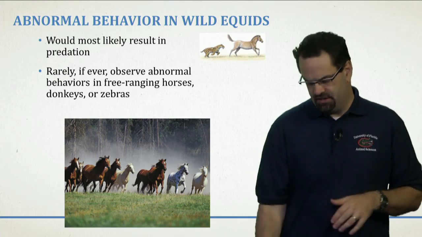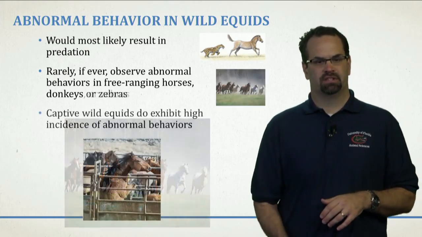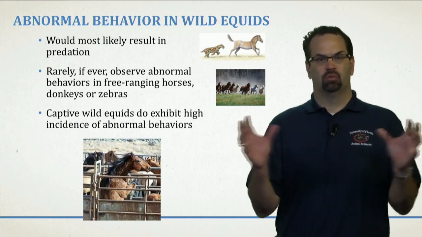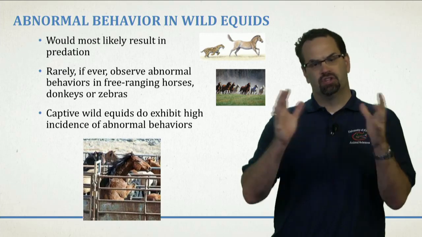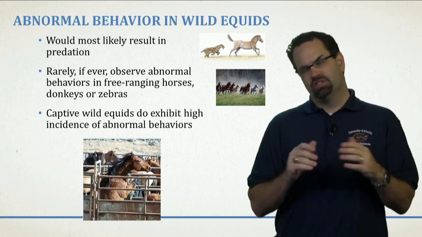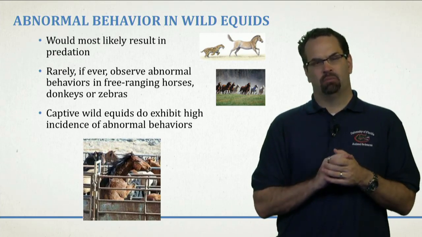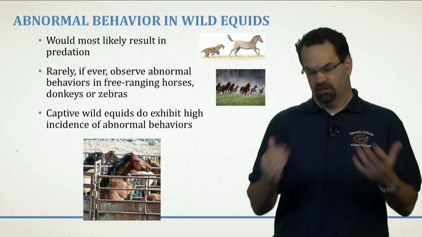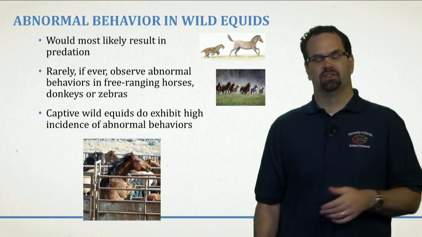We tend not to see these abnormal behaviors manifest. But when you do put them in captive situations, especially during a wild horse roundup, we tend to see these abnormal behaviors at a greater frequency than we do in our domestic horses and donkeys.